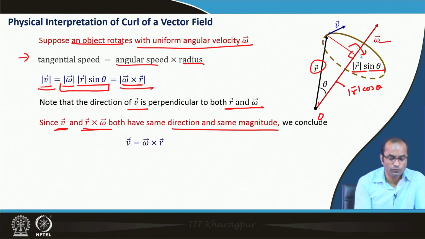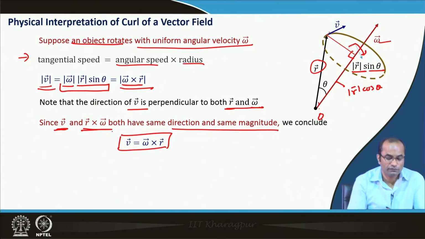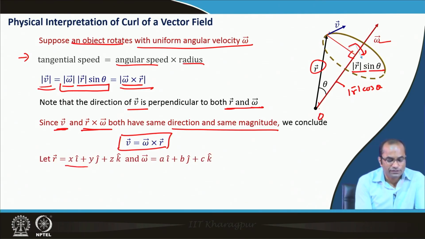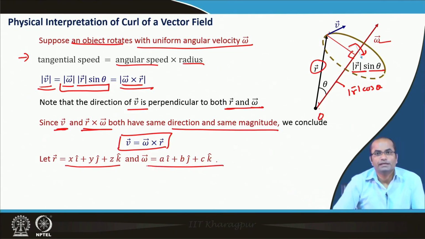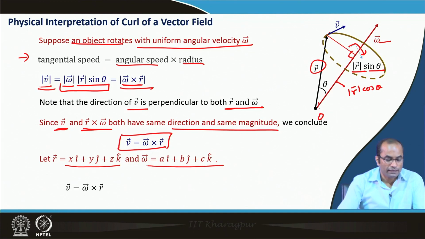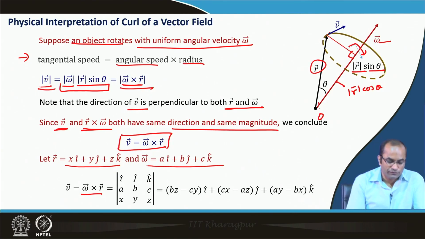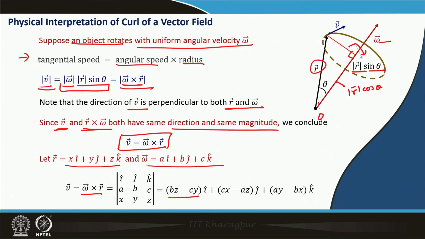So, we can conclude that this tangential velocity, not indeed the speed, tangential velocity is equal to omega cross r. So, if we assume that r is x i, y j, z k and omega is a i, b j and c k, in that case we can compute v by the cross product of omega and r, which is given by this determinant, and which we can simplify here. So, we get bz minus cy, cx minus az and ay minus bx as the third component.